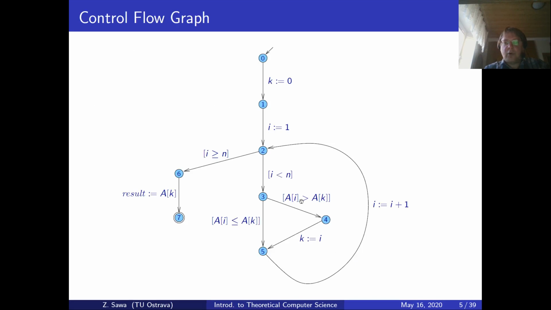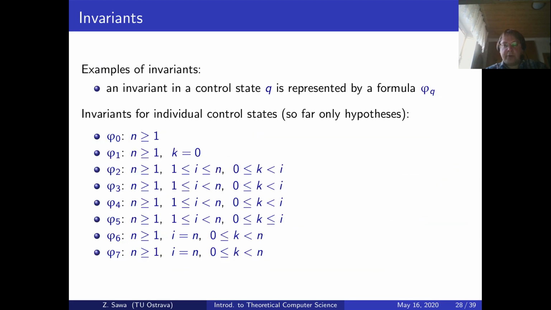For example, consider this transition from state 2 to state 3 with the condition that i is less than n. If I go back to this invariant, in state 2 we assume that these conditions are satisfied, and moreover we assume that i is strictly less than n.